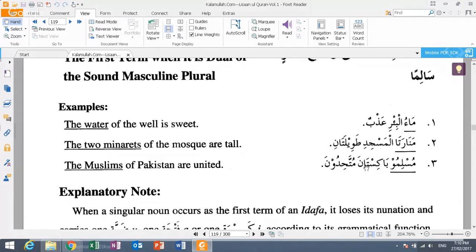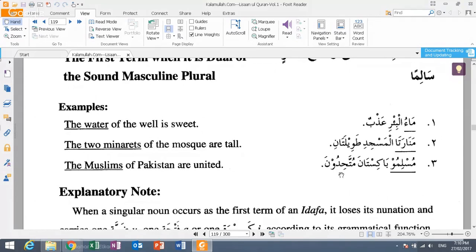Ataytu min Afghanistan. So now here the noon is dropped. If I say Muslimu Pakistan, it sounds simple, isn't it? The singular, wahid. But if I say Muslimu Pakistana, you understand that, okay, I mean the Jama here. Clear?